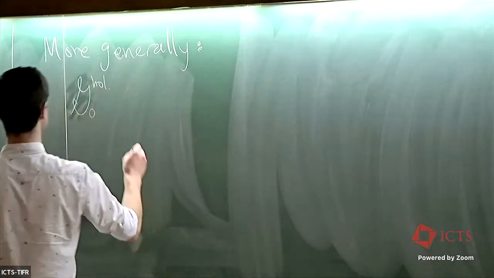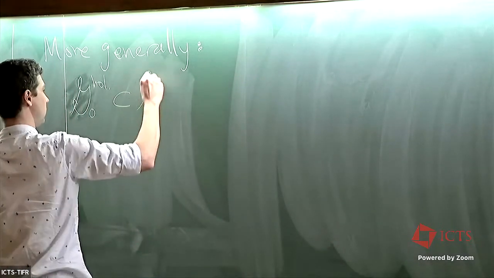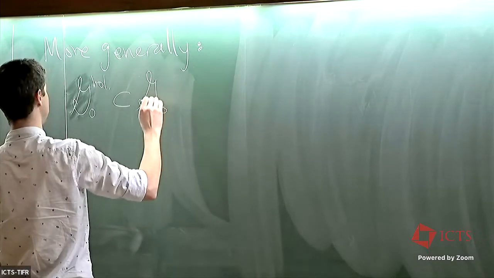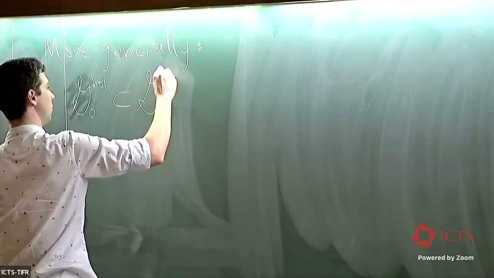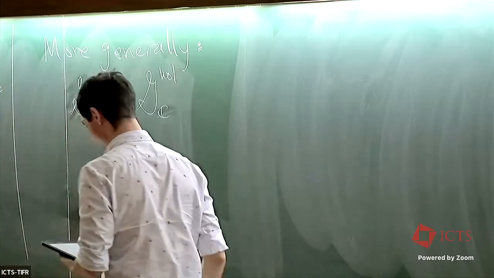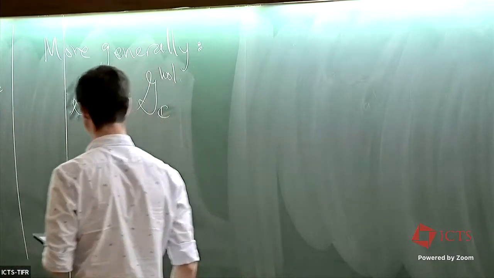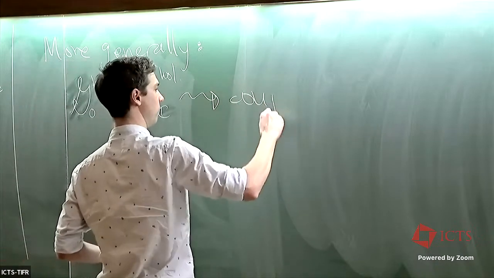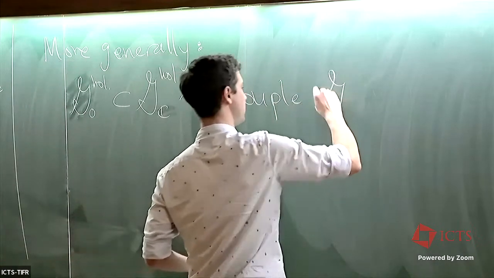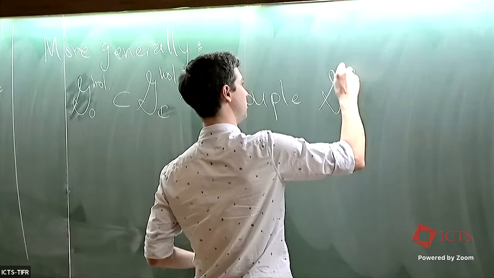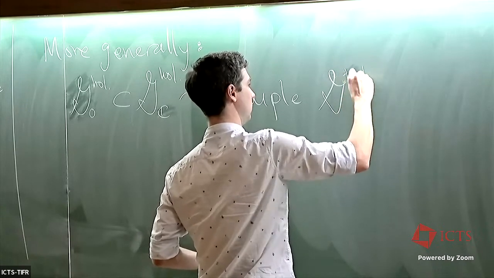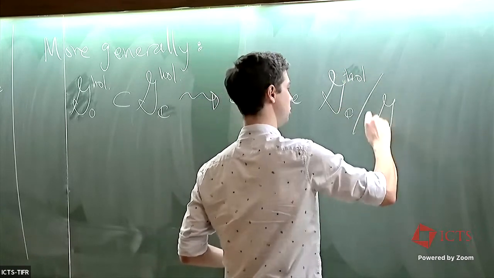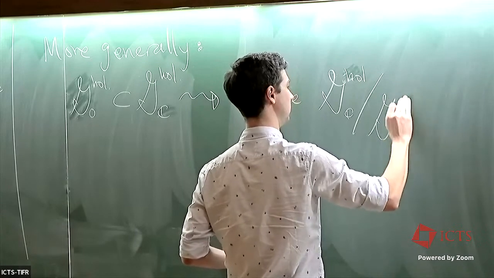So I could choose this subgroup of G_C holomorphic, and imagine coupling my system to the homogeneous space G_C holomorphic mod G0 holomorphic.